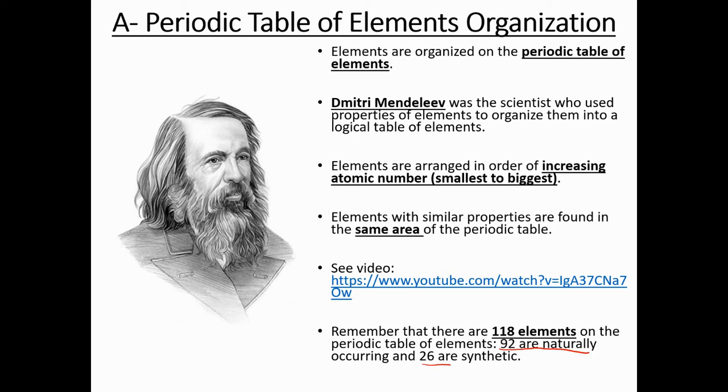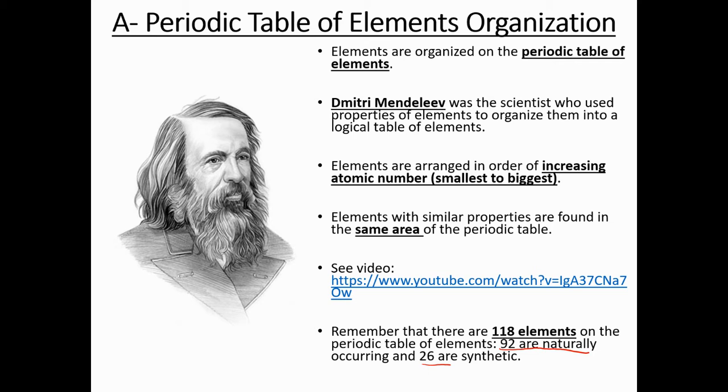And the scientist who essentially used all the properties of the elements to organize them the way they are was Dmitry Mendeleev. Now, he wasn't the only one to organize elements in a nice logical way, but what he was quite known for was the fact that he could make predictions. So even elements that he did not know, based on the way he was organizing his periodic table, he could predict the properties of those elements even before they were discovered.